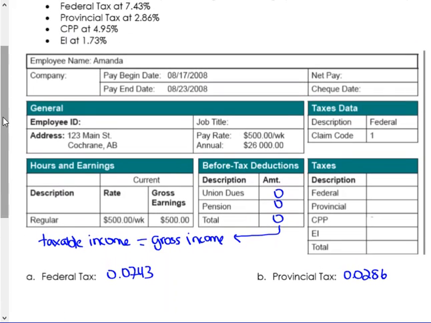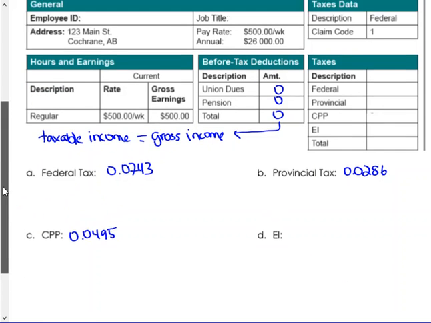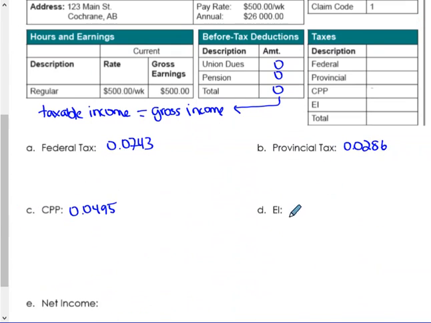CPP, remember, we're always calculating it as 4.95%, so 0.0495, and EI is 1.73, so 0.0173. Remember CPP, we have a couple extra steps, so I'm going to do A, B, D, and then come back to C to do our CPP.